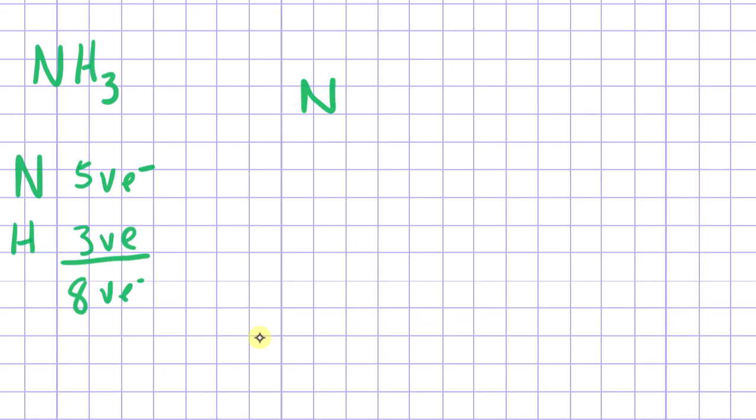And I'm going to have 1, 2, 3, 4, 5 that go around nitrogen. I'm going to just distribute my hydrogens on either side because I know that's where they're going to bond. My hydrogens have 1, and that's exactly what happens. They're going to bond. So those will bond.